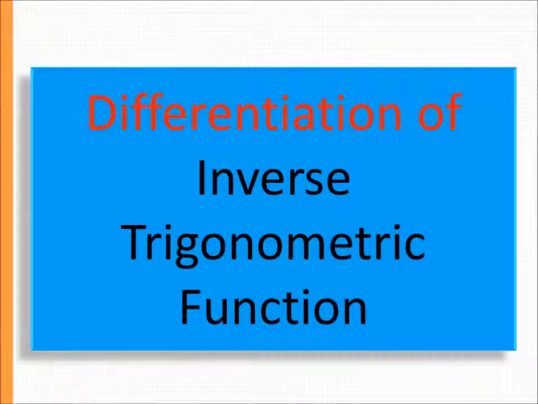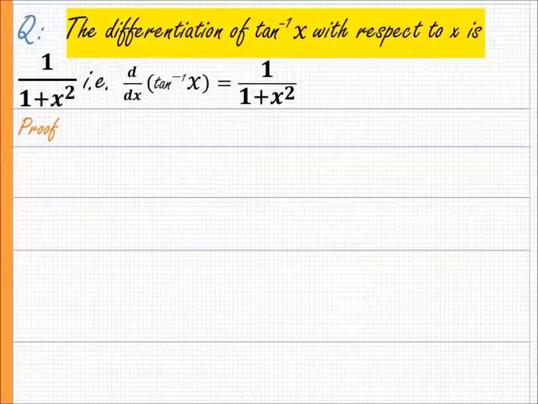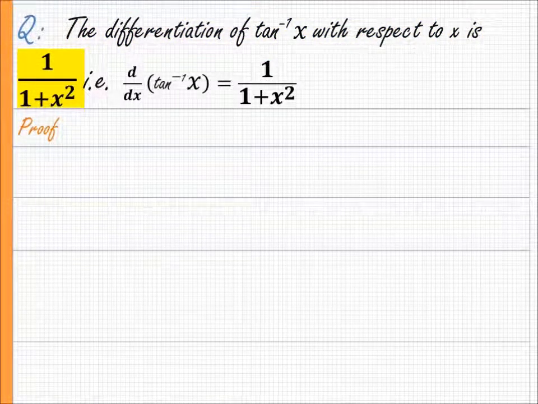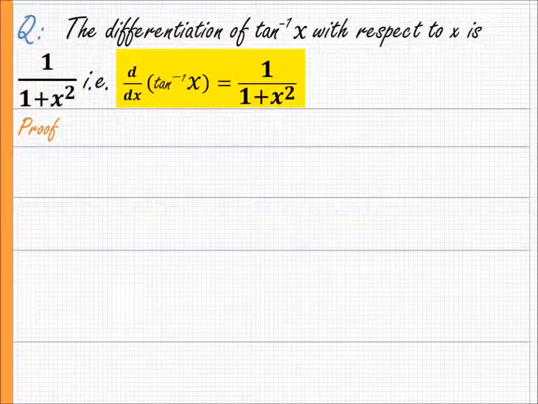Now let's prove one more important theorem. As per this theorem, the differentiation of tan inverse x with respect to x is equal to 1 upon 1 plus x square, or in other words, the derivative of tan inverse x with respect to x is equal to 1 upon 1 plus x square.